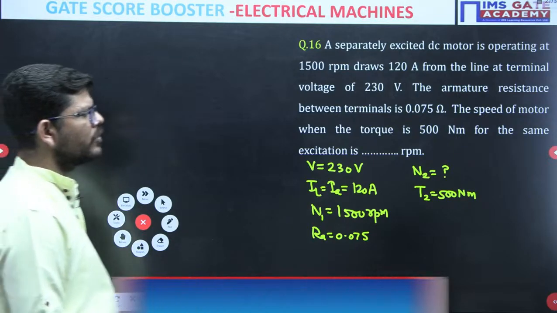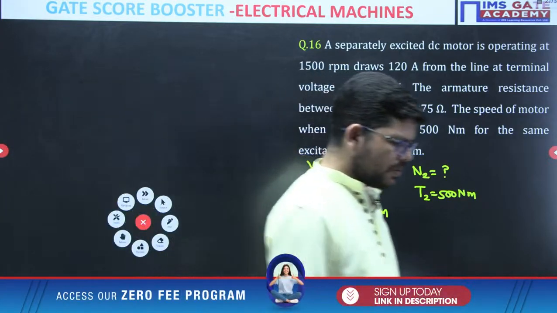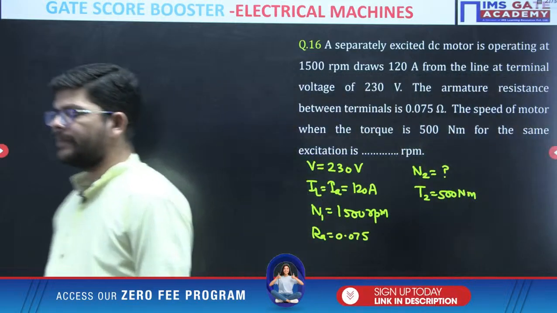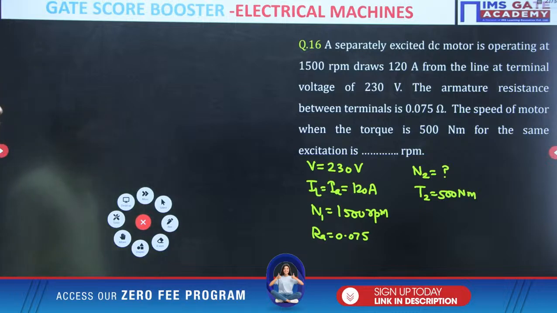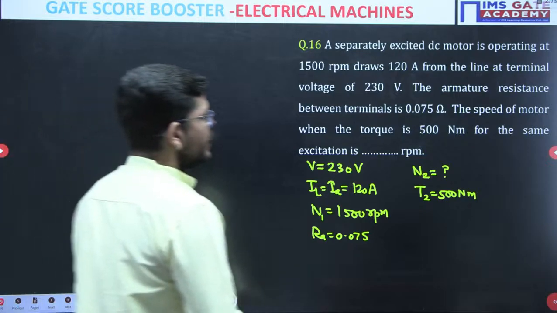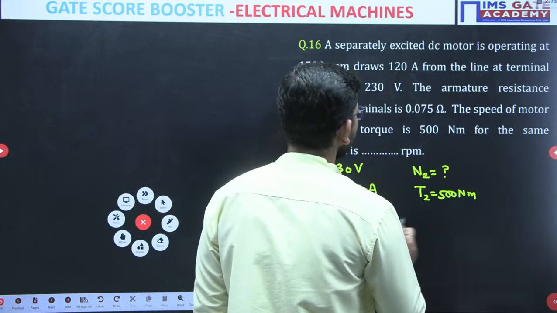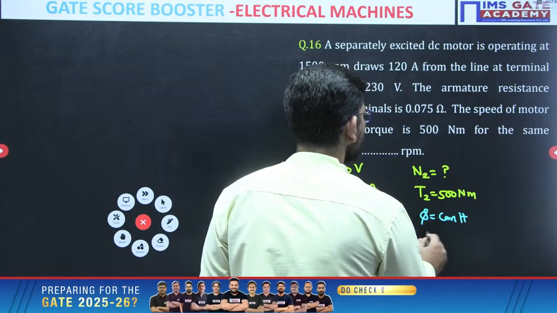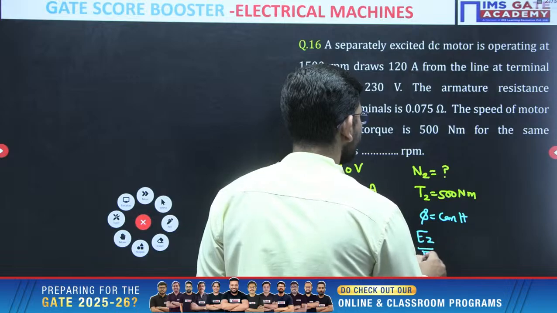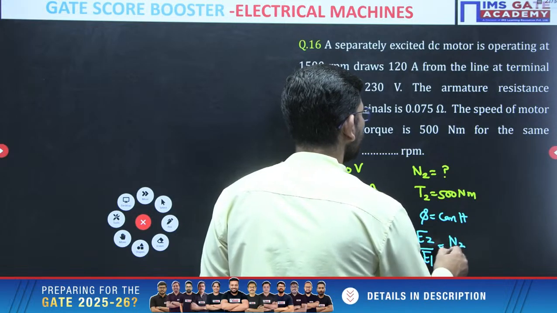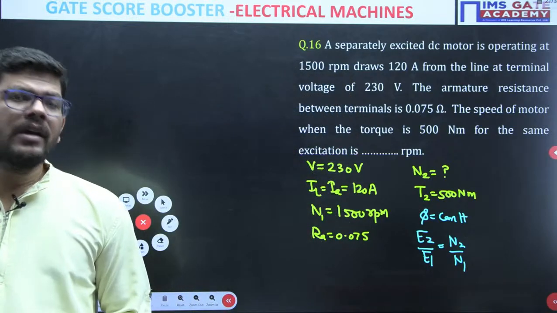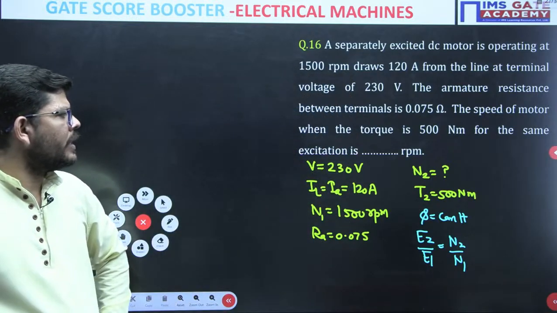So how to approach a question like this? Whenever we have to calculate the speed, just see, nothing is said about phi, and it is a separately excited motor, so phi will be constant. So we will apply E2 upon E1 equals N2 upon N1. Speed can only be calculated through this formula. For this we need E2 and E1.